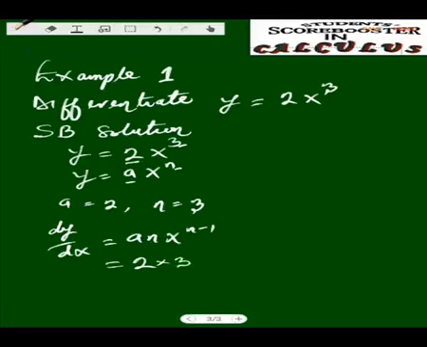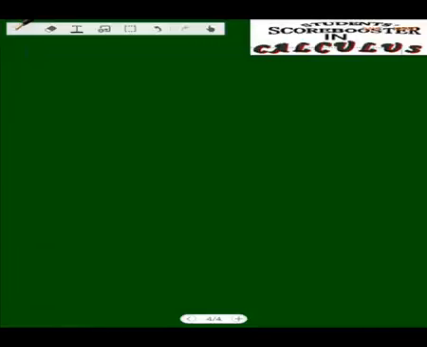Our n is 3, and we have x, our n, which is 3 minus 1. So 2 times 3 is 6, then you have x, 3 minus 1 is 2. So this is the final answer. I hope this is clear. Let me take one more example.